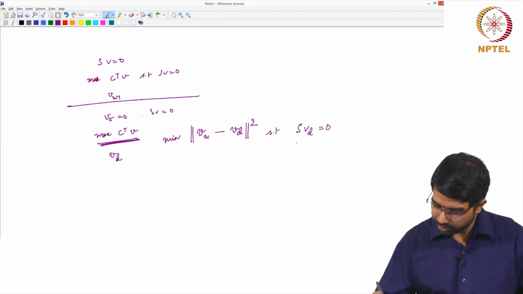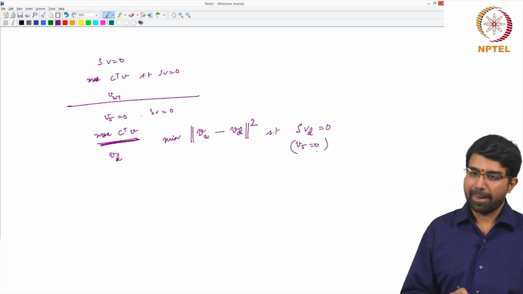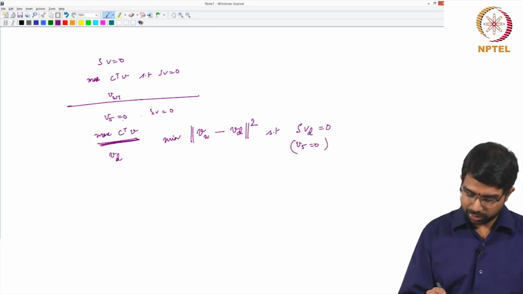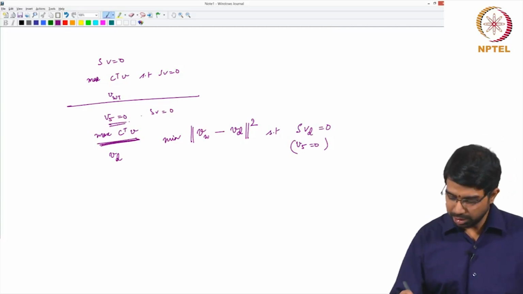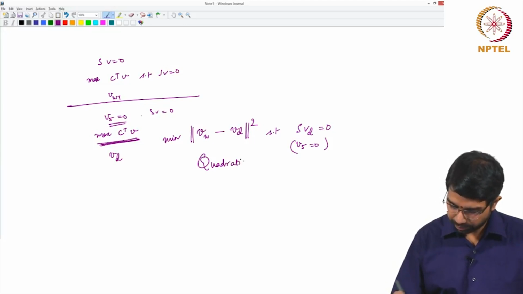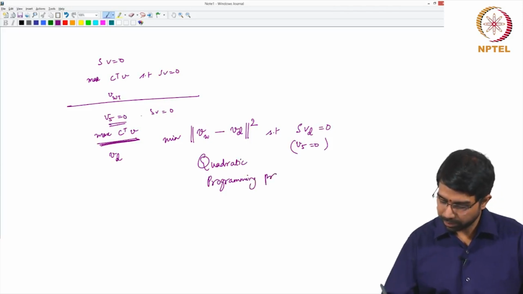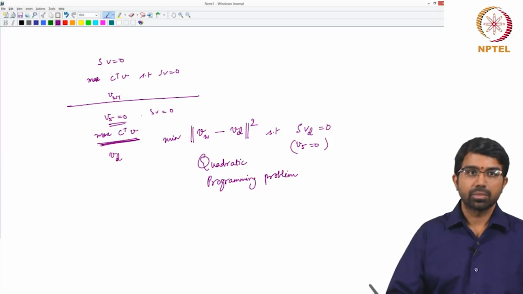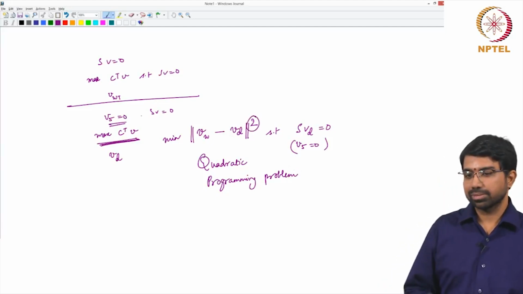Of course, V phi equals 0 as well, whatever deletion you inflicted on the organism. So this becomes a quadratic programming problem, because you see the square.